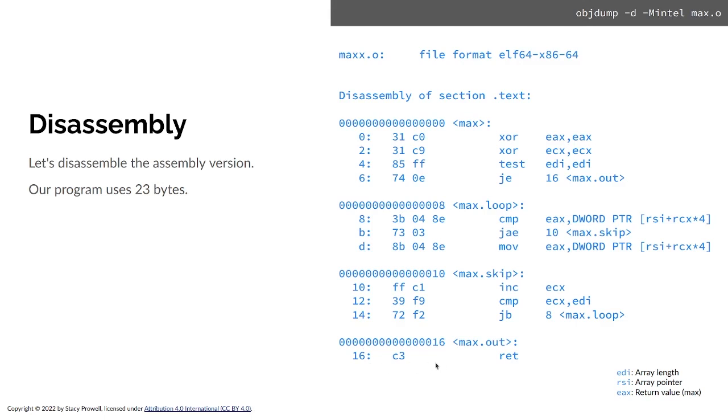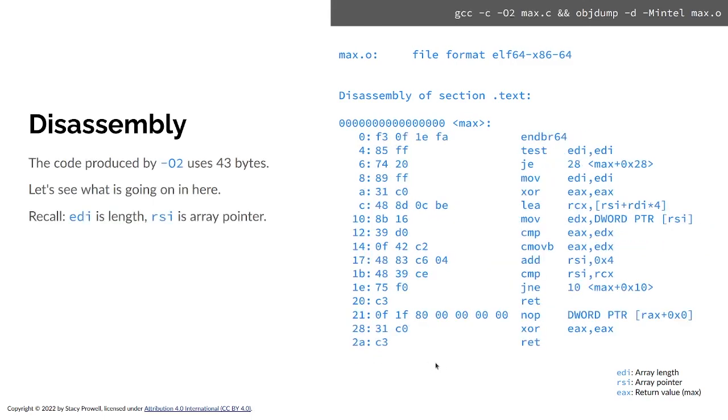So there we go, 23 bytes. Let's go ahead and compile the little C code we had earlier and see how that fares. Well, that is what we get out from compiling our little C function. It goes from 0 up to 2A. 2 times 16 is 32, plus 10 is 42, plus one more byte because we started at 0 is 43. 43 bytes. So already it's longer.